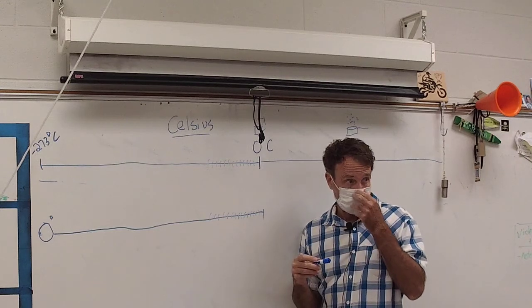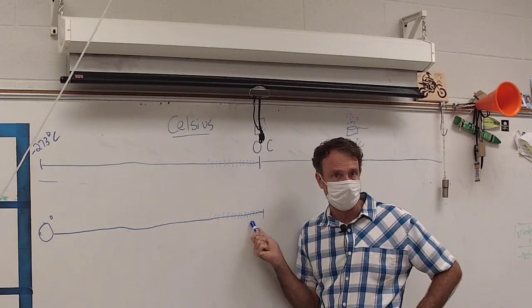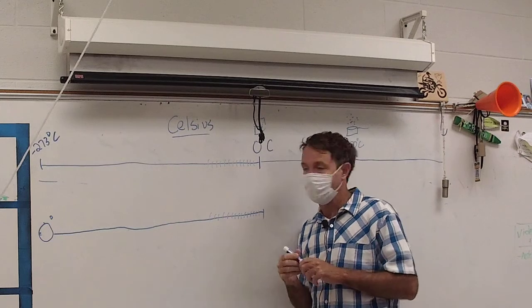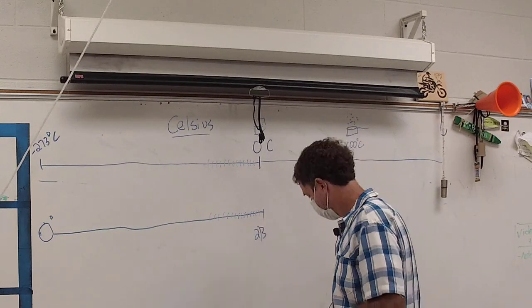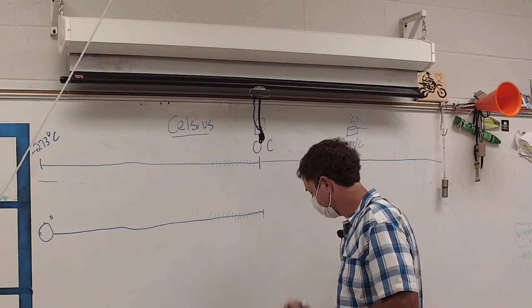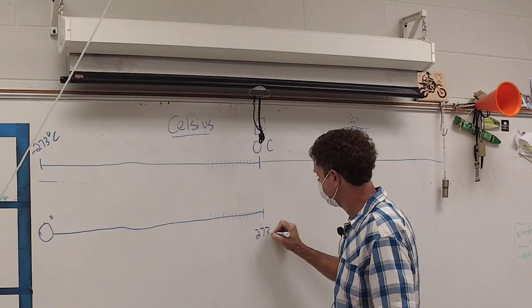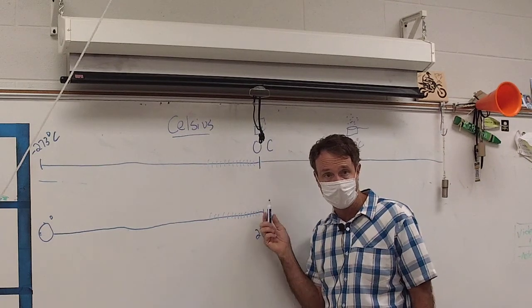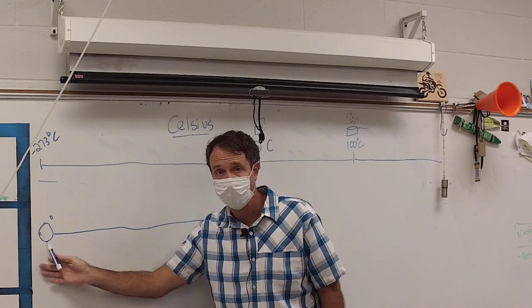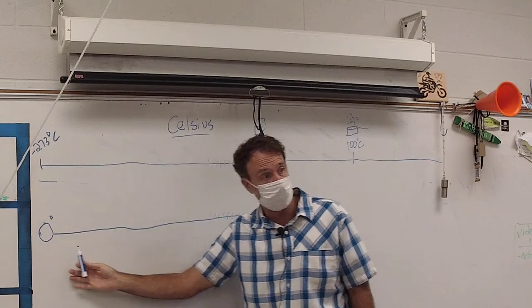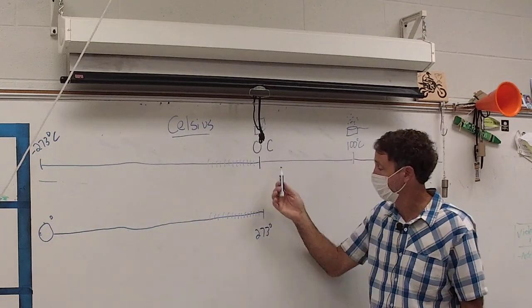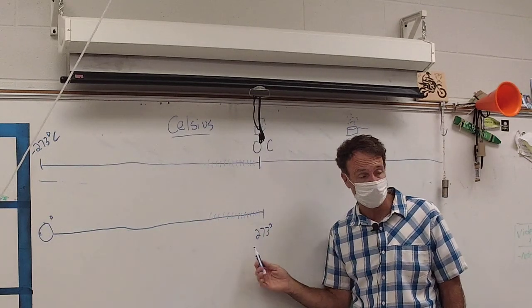Then it would be 273 degrees. Does that make sense? If 0 is equal to negative 273 degrees, then if you went up 273 degrees, 0 degrees Celsius will be equal to 273 degrees.